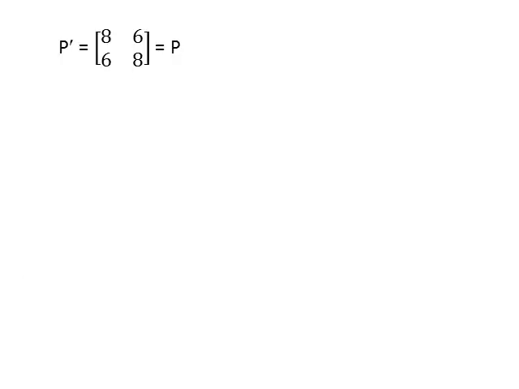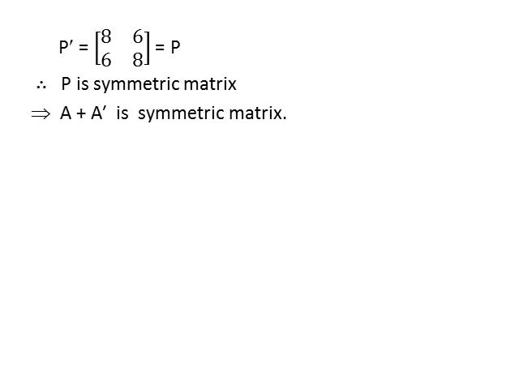Now, we take the transpose of matrix P, which we obtain by interchanging rows and columns of matrix P. As you can see, the transpose of matrix P equals P itself. So, P is a symmetric matrix. It means the sum of a matrix and its transpose is always a symmetric matrix.